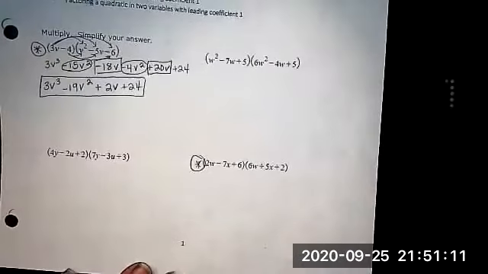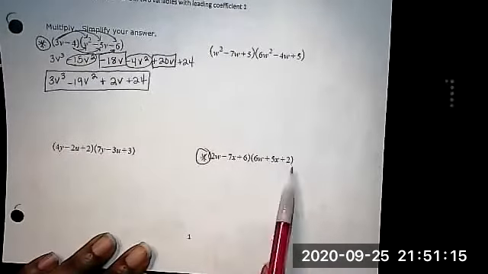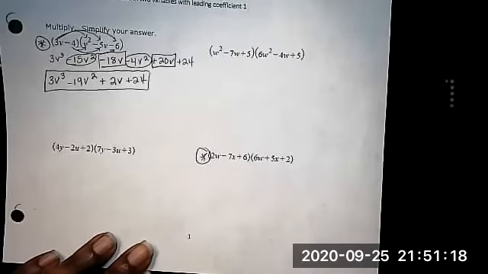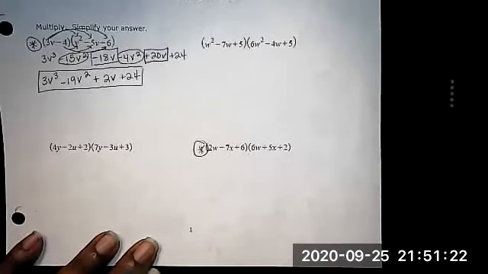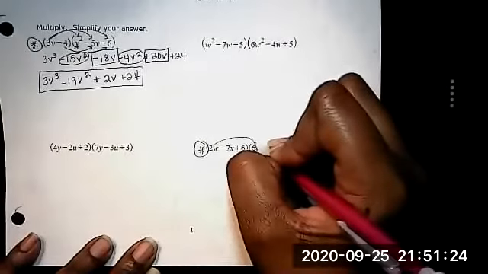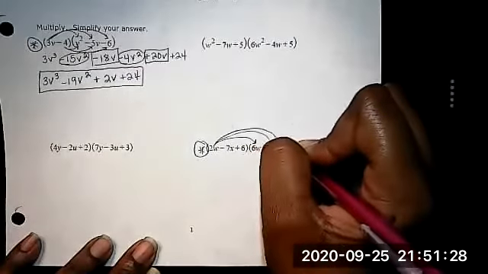All right, so let's move on to this one. This one is a beast, okay, only because it's 3 terms times 3 terms. They call it trinomial. Trinomial times a trinomial. Ugh, nasty word, but we are going to do it. So 2w times 6w, 2w times 5x, 2w times 2.